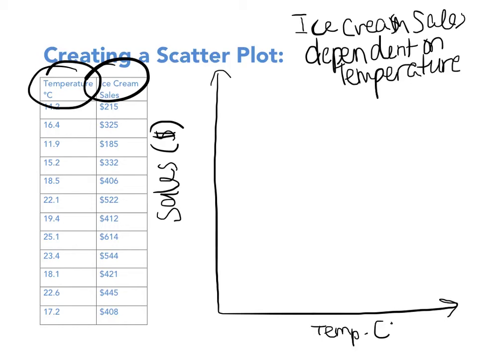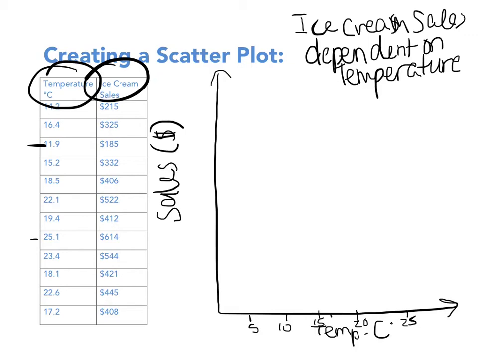I see that it goes from 11.9 to 25 on our dependent variable scale, so I'm going to just go by fives. 5, 10, 15, 20, 25, and then I'll go by hundreds on my y-axis of my dependent variable.